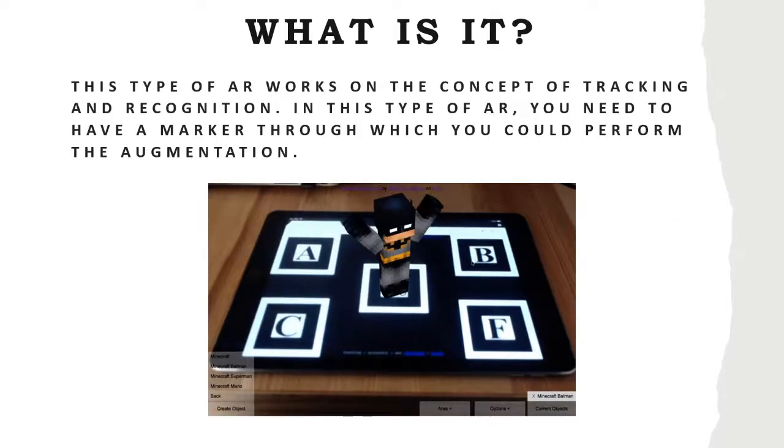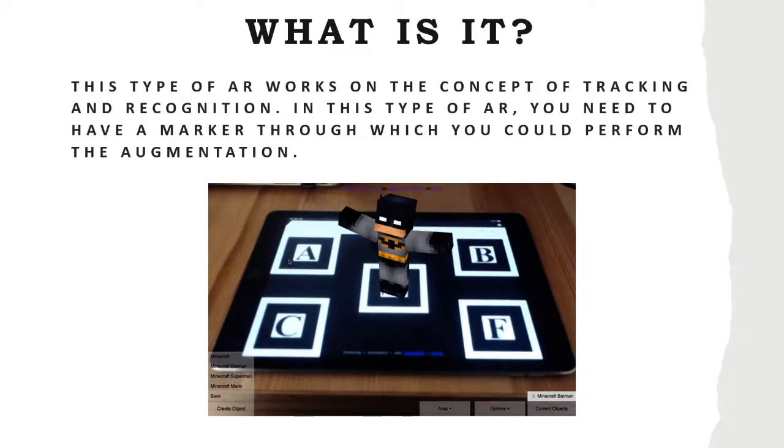First, let's recapitulate our concepts of marker based augmented reality. Marker based augmented reality is a type of augmented reality that makes use of recognition and tracking. It is a feature of computer vision.